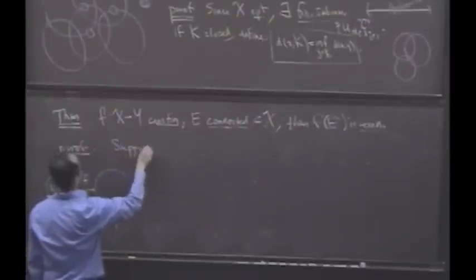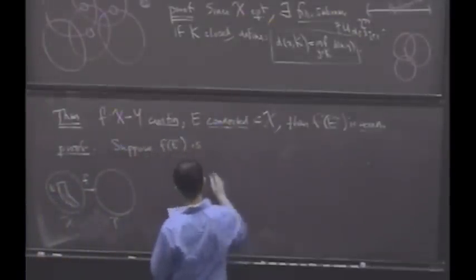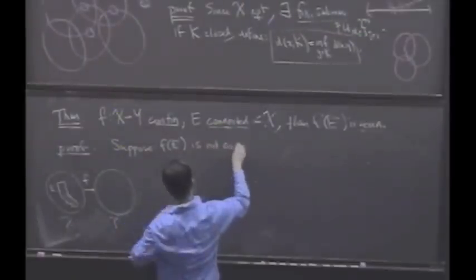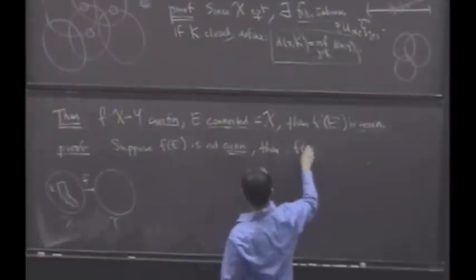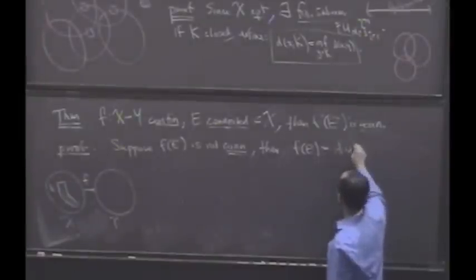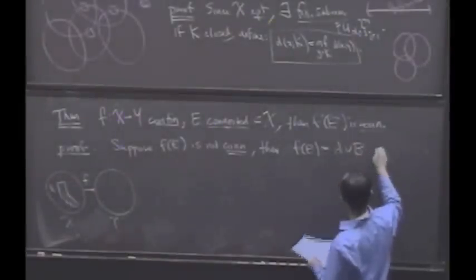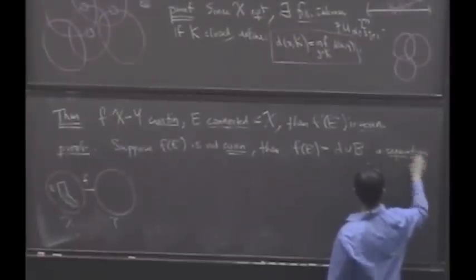Suppose f of E is not connected. Well, what does that mean? That means f of E is separated. It's the union of two separated sets. And I'm just going to say that by saying a separation.